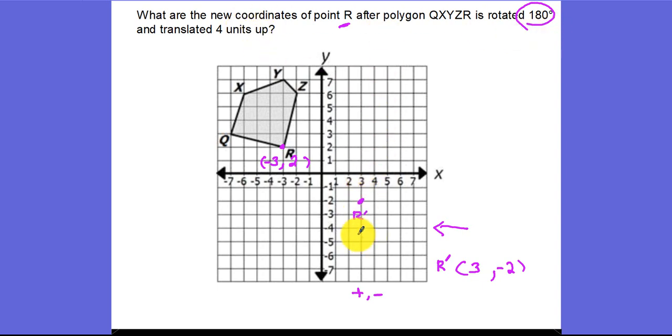But then I need to translate this 4 units up. So 4 units translate means I have to move this 4 units upward. So let's move this one right now. 1, 2, 3, 4. So it will be translated here. Remember that translation is just sliding a given point.